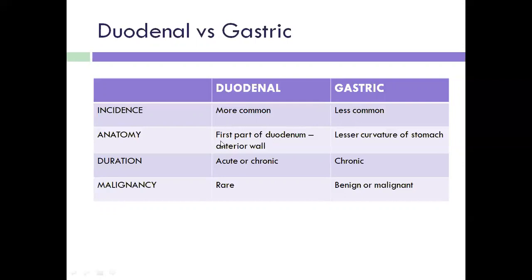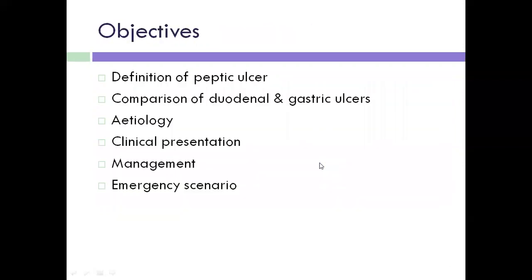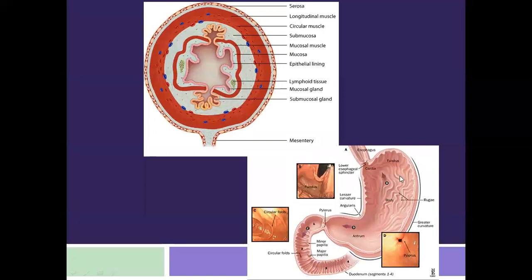Duodenal ulceration occurs at the first part of the duodenum, very close to the pyloric end, whereas gastric ulceration develops at the lesser curvature of the stomach. Here, we can easily observe the area of gastric and duodenal ulceration.